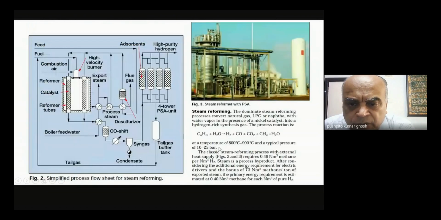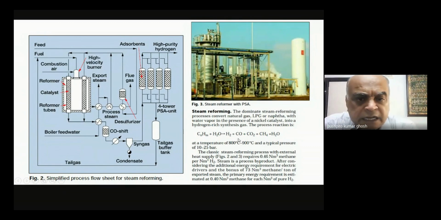So you're taking this plus water, it's getting converted into hydrogen plus CO plus carbon dioxide. And then of course there would be some unreacted methane and some small amount of water, which will also form. And this is the reaction which is carried out the world over with a nickel catalyst, at about 10 to 25 bar pressure and 800 to 900 degrees centigrade temperature.